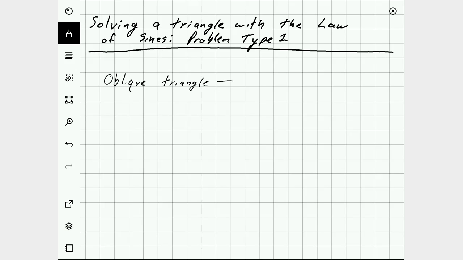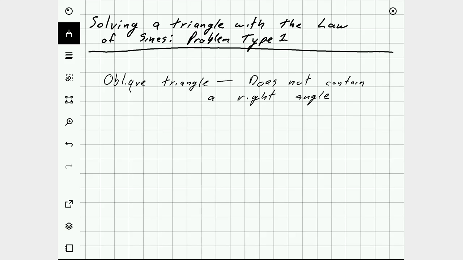And by oblique triangle here, we're talking the opposite of a right triangle: a triangle which does not contain a right angle.